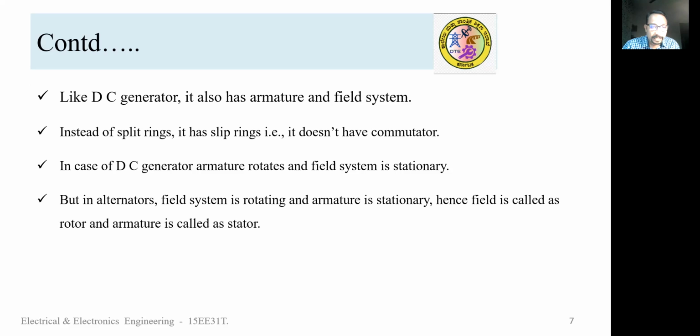As I told you, in an alternator the field system is rotating and the armature is stationary. Hence the field is called the rotor, because the rotating part is called the rotor.